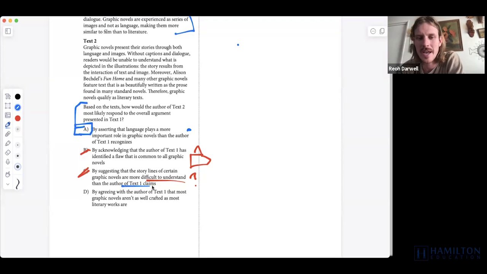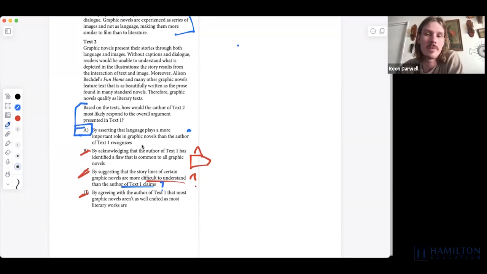And also, does text 1 ever claim that they're difficult to understand? No. And then finally, D would suggest that they're too much in agreement. It's kind of an opposite distractor there. So the only one which says that text 2 would sensibly say to text 1, hey, the literary element of graphic novels, you're understating it, is A.